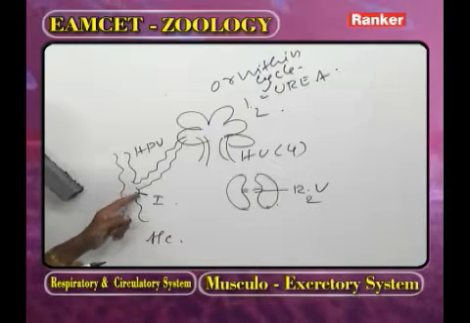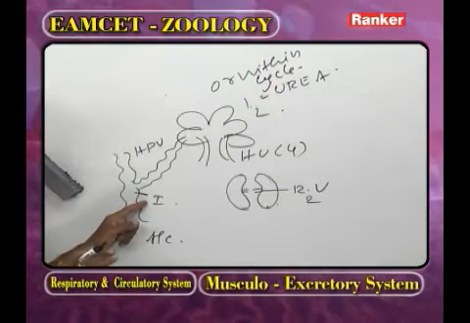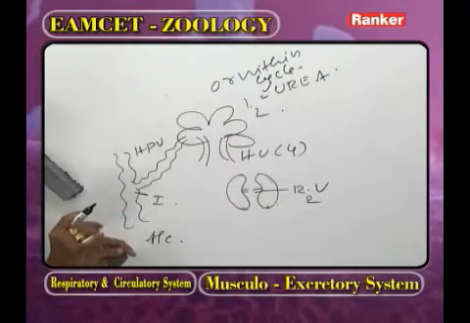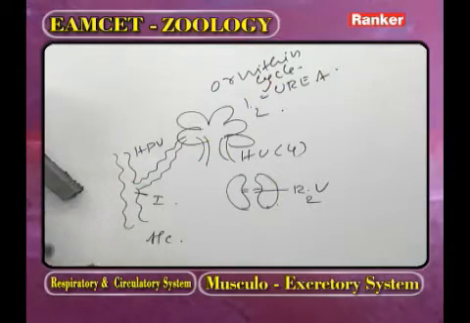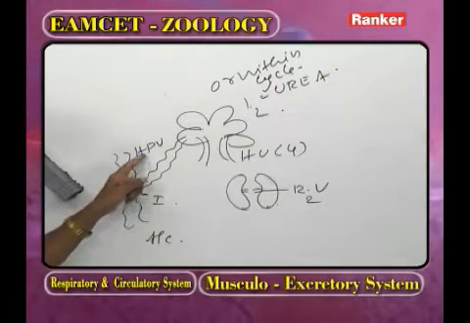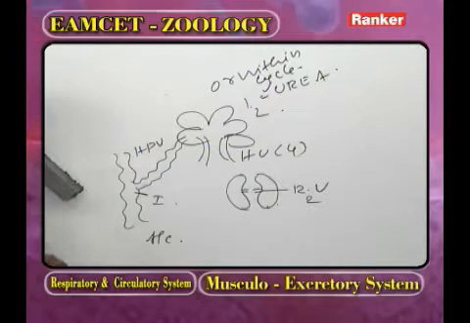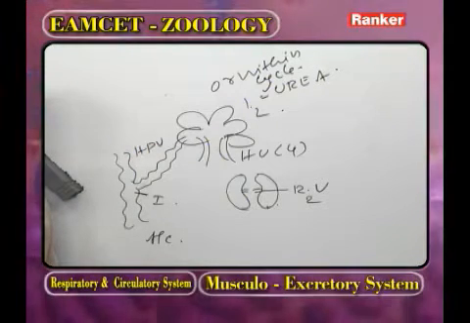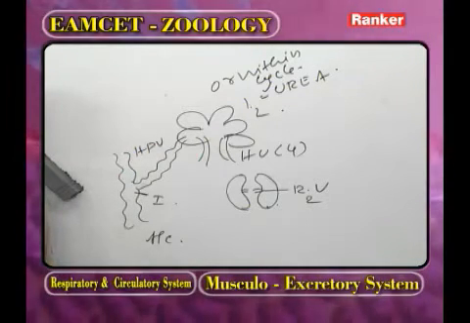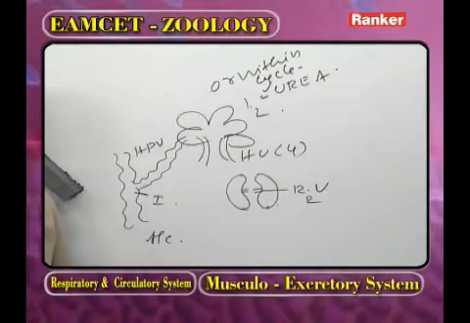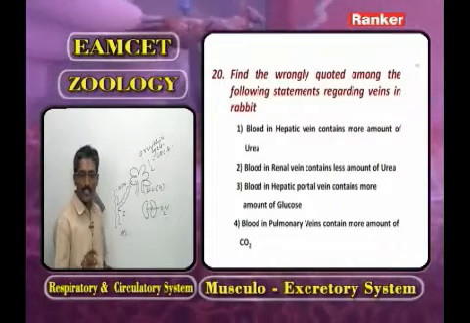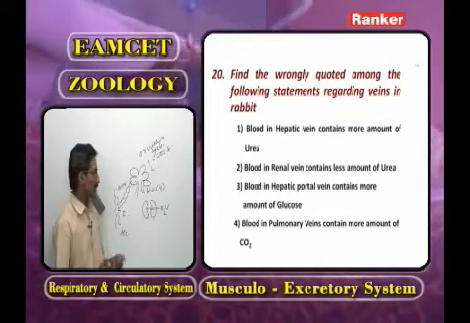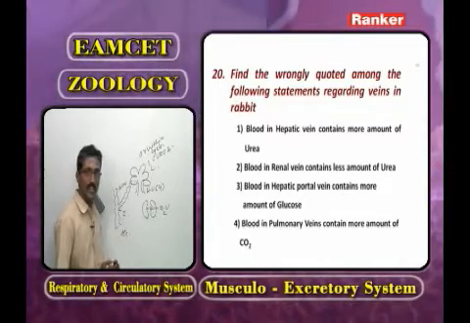In the intestine, the digestion is completed. After completing the digestion, the blood absorbs the digested food materials. So the blood in the hepatic portal vein contains more amount of nutrients. One example is glucose. The third statement, blood in the hepatic portal vein contains more amount of glucose, is correct. So the first 3 statements are correct.